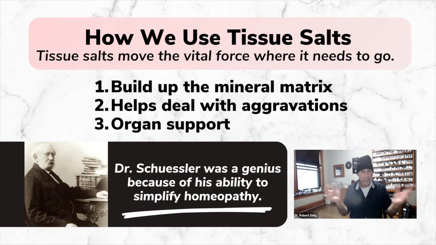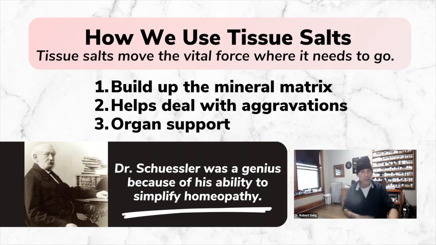So we're using the cell salt to help build up the mineral matrix, the mineral grid. We're using the cell salts to help deal with the aggravations. We're using the tissue salts to help in organ support, whether it's the liver, or if we wanted to do kidney support, adrenal support, we'd focus on the sodium families.